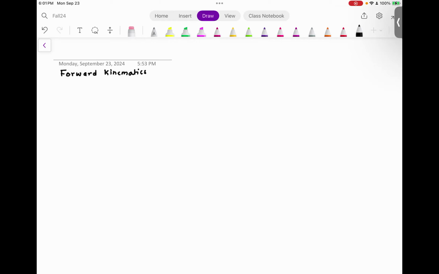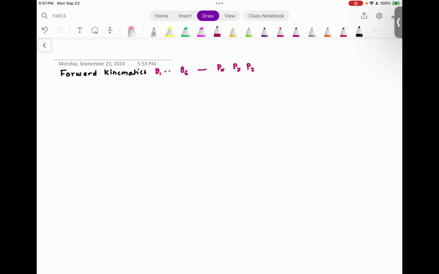you provide the joint angles theta 1 all the way to could be theta 6, and you find px, py, and pz, which are the end effector positions. This is called the forward kinematics.